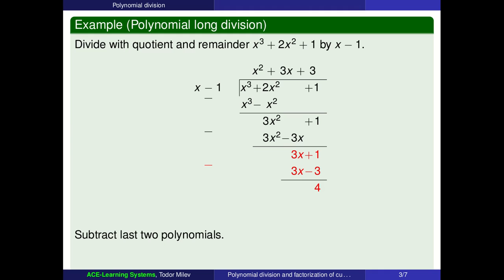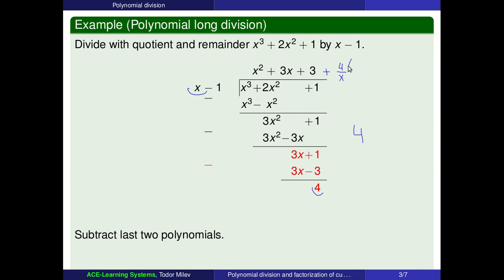Let me explain why. If we were to continue this division process, on the next step, we would have to take the number 4 and divide it by the number x. So if we were to continue this process, here we would have to write as the next term 4 divided by x.